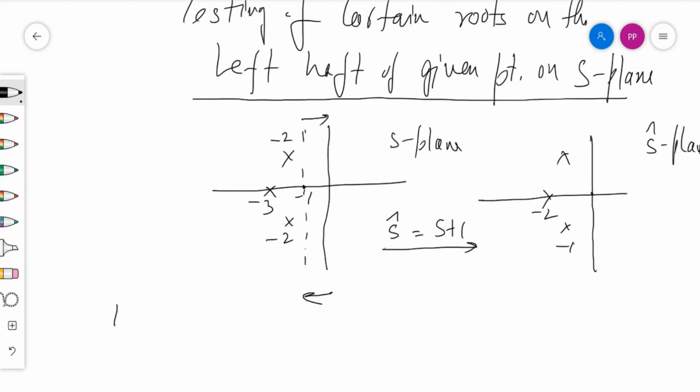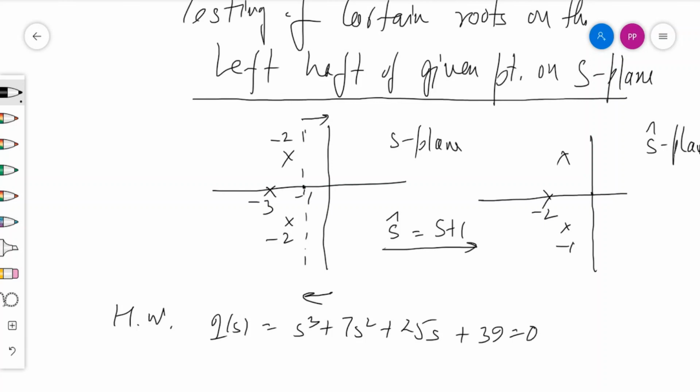So I am giving a take home for you, just try it. The characteristic equation is s cube plus 7s square plus 25s plus 39 equal to 0.